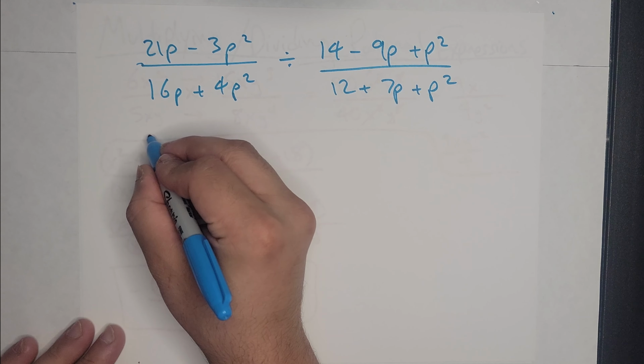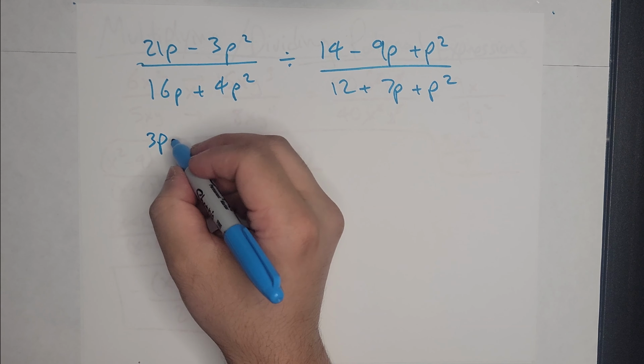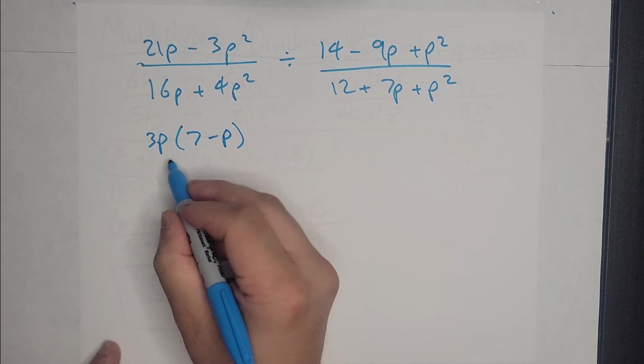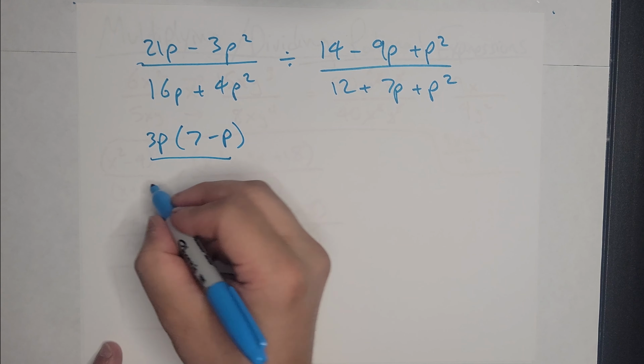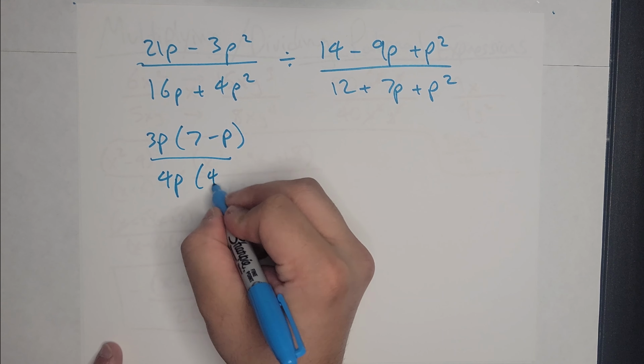Let's do 3p, because I know 21 and 3 have a common factor of 3, so that'll give me 7 minus p. And then for this one, I also have a 4 and a p in both, so I can do the same.